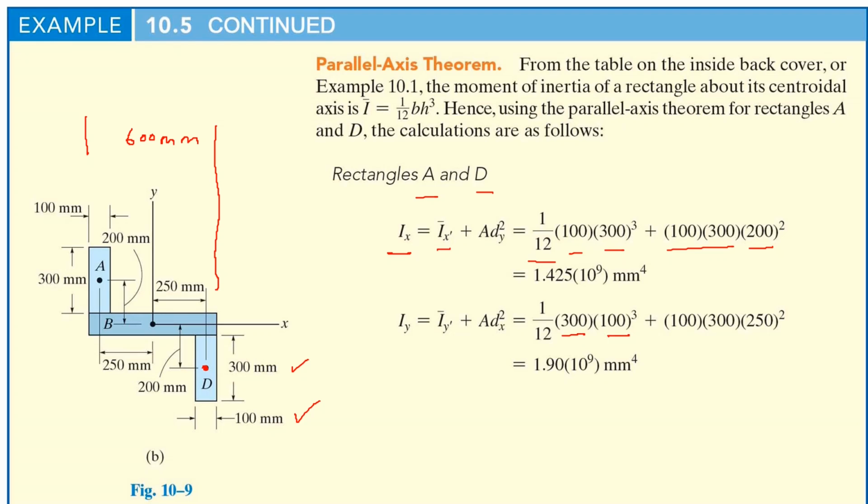When we're talking about the y-axis, the width is this direction and the height is this direction. Plus area, 100 times 300, just like before. Here's where the 250 comes in. That half the width of this metal piece is 50 millimeters.